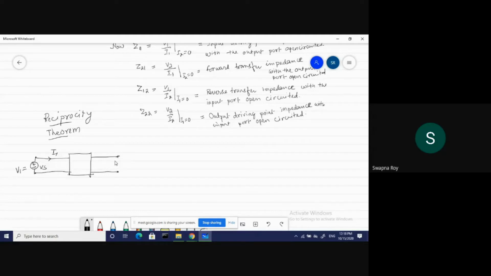According to the reciprocity theorem, remember that if voltage is the cause, the response is obviously current. If current is the cause, then the response is voltage.